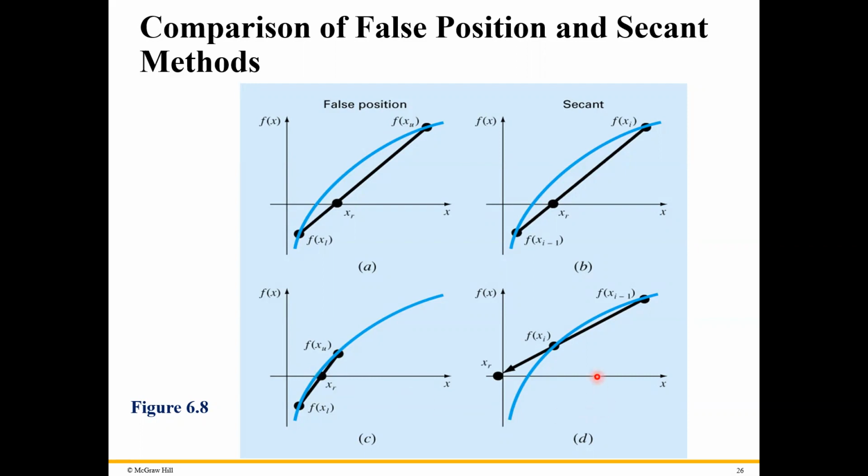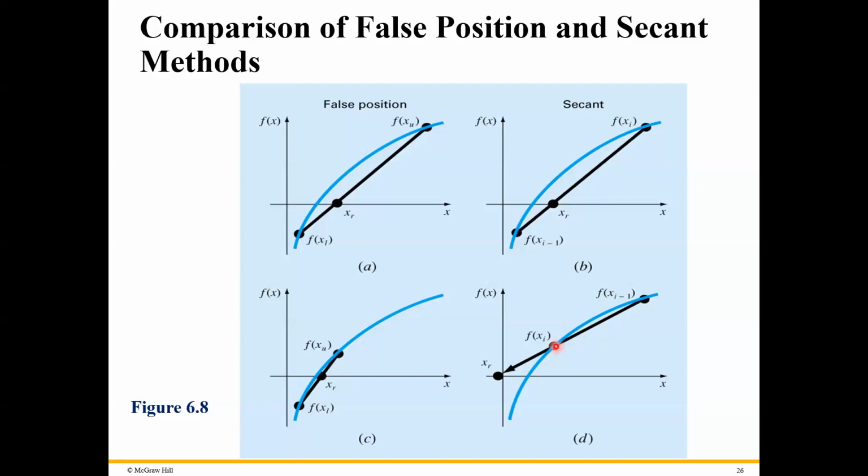However, in the secant method, since we have already got this point, we will now make our next approximation based on this previous value. That means this was the xi value.